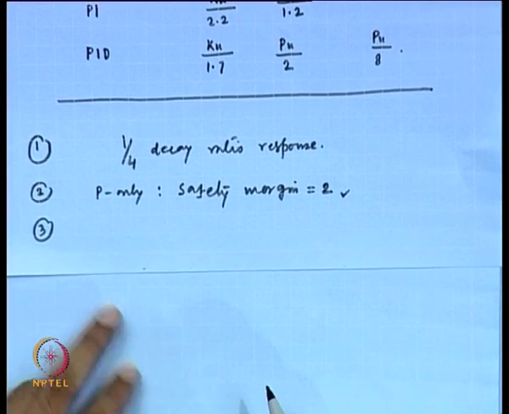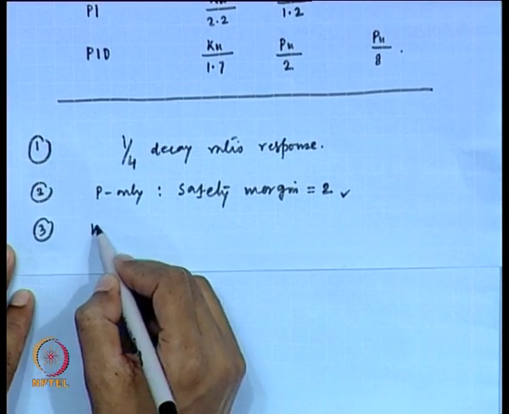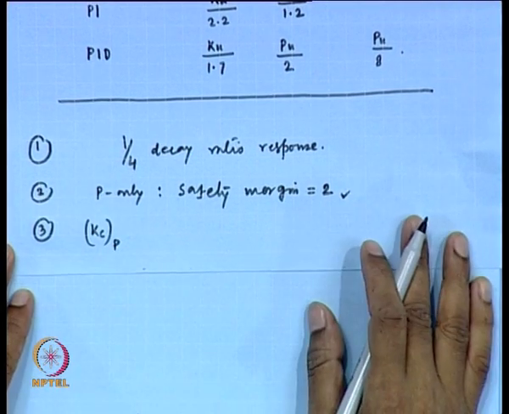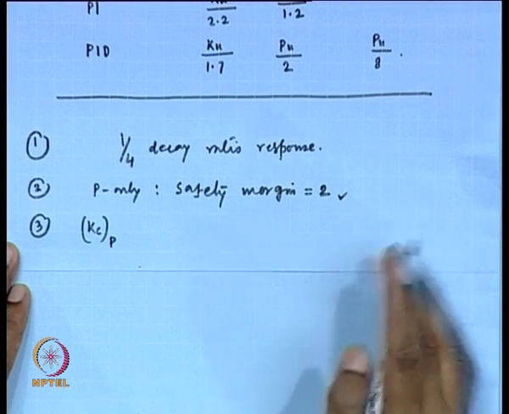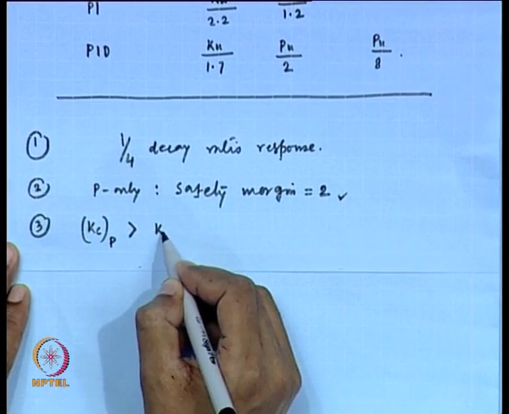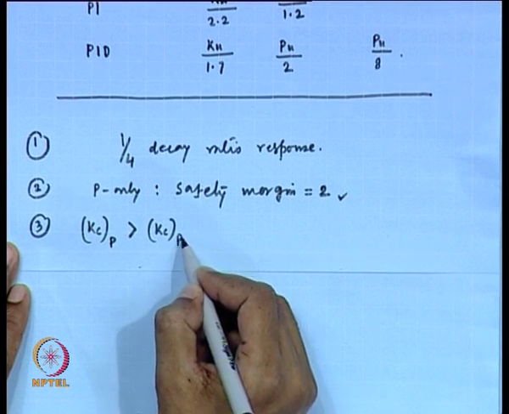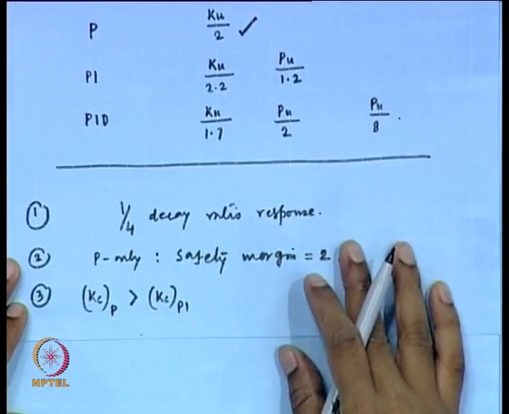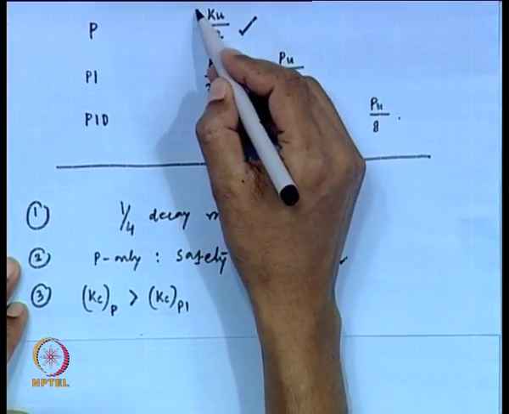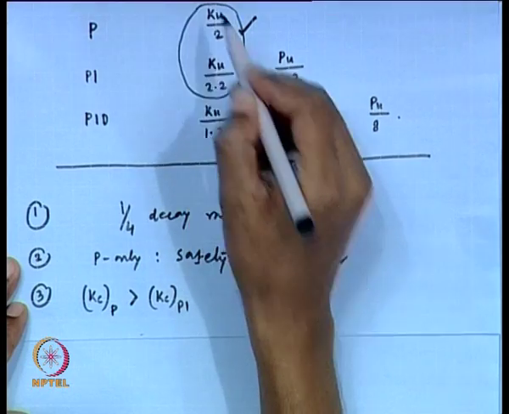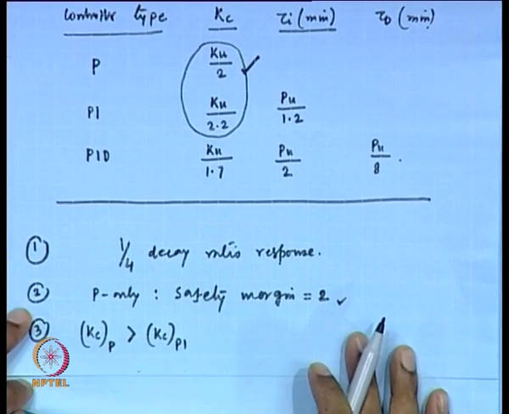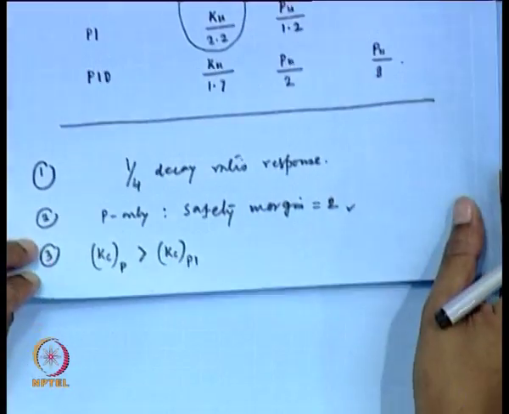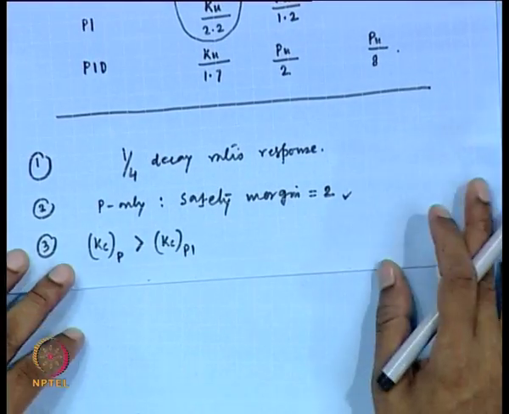Next, if you see the correlations, we observe that the proportional gain for P only controller is greater than the proportional gain of PI controller. The Kc of P only controller is higher than Kc of PI. What is the reason?